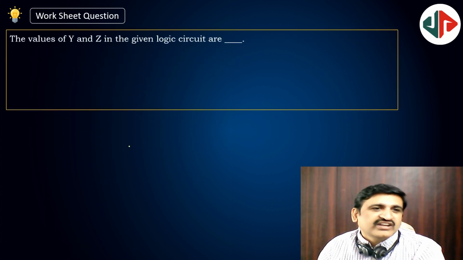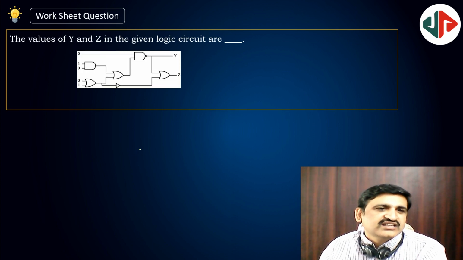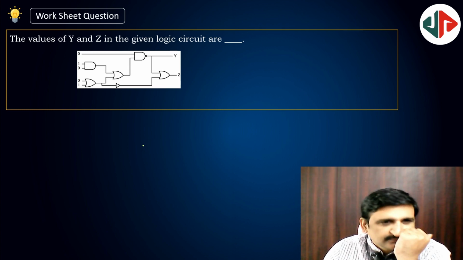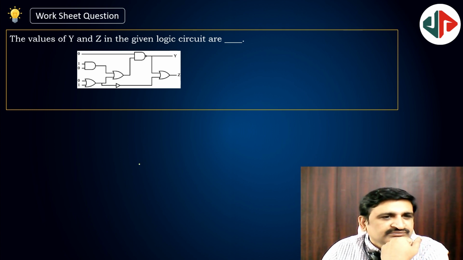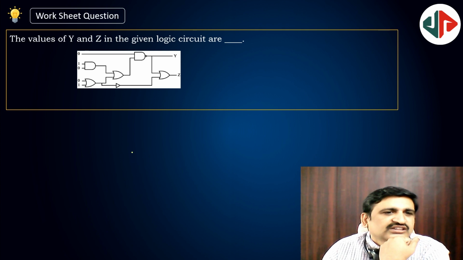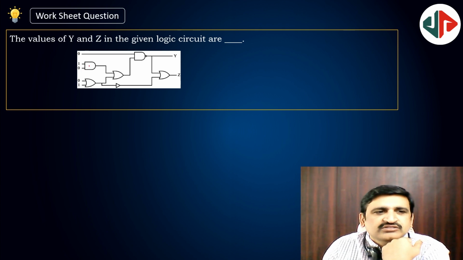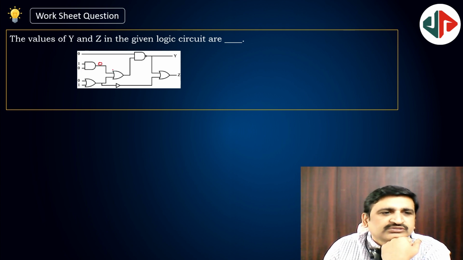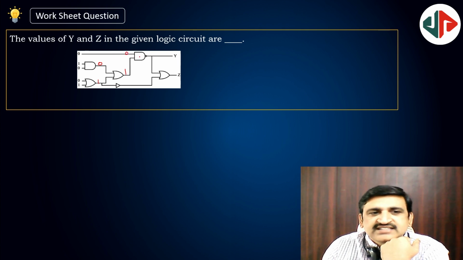The value of Y and Z in the given logic circuit is... Y and Z. The inputs 1, 0 will give you 0, and 0, 1 will give you 1. If it is 1 and 0, this will be 1 only, and this is 0 only. So this is an AND followed by NOT.